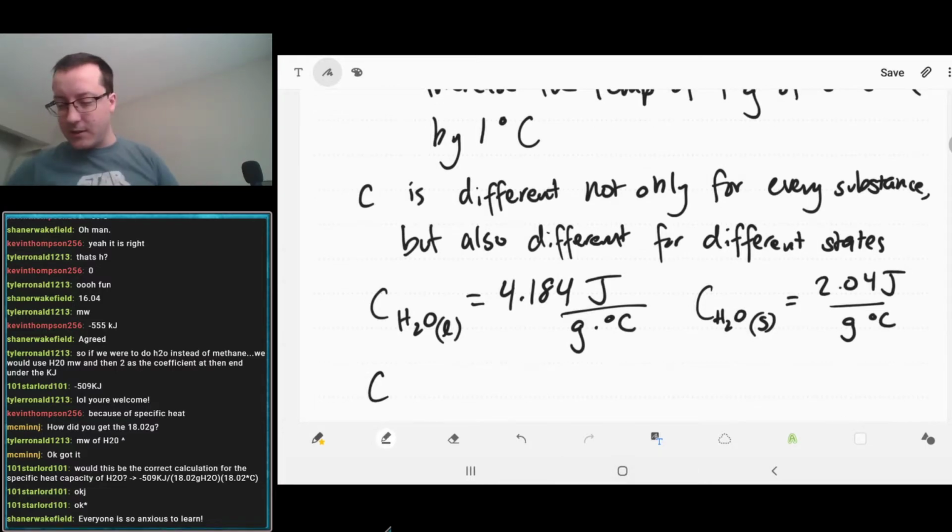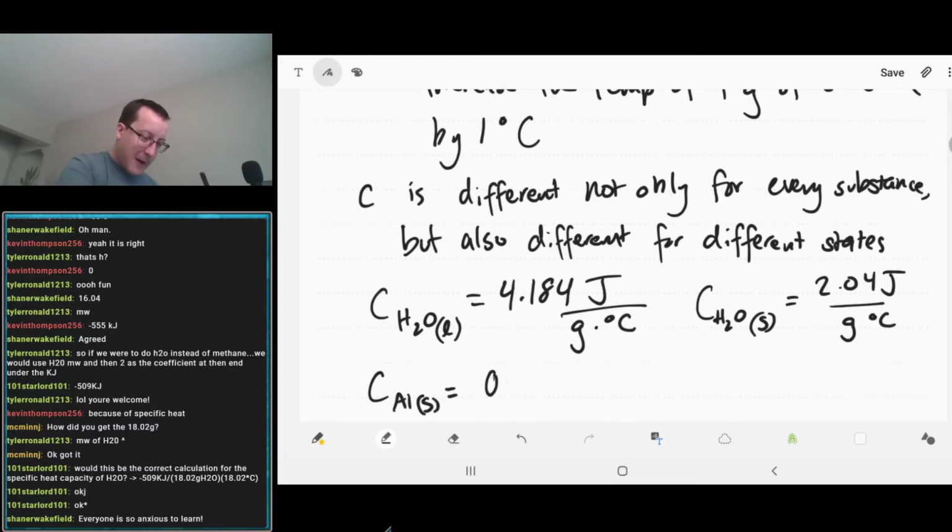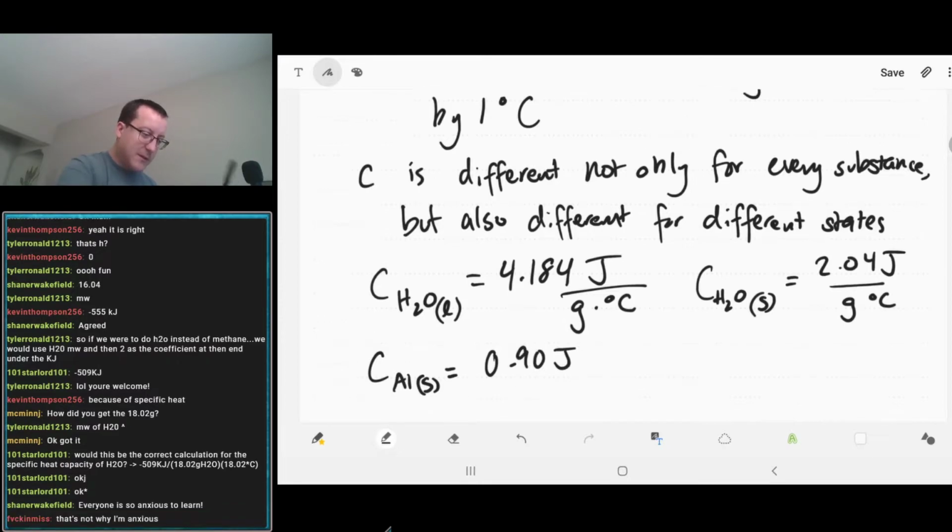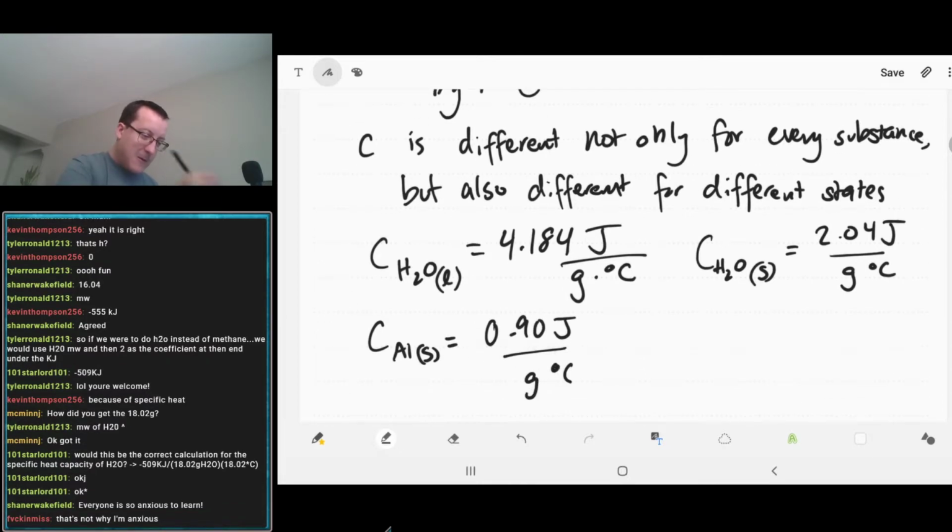I have actually in your texts around here a list of all these things. Okay, let's see. Here's a couple. How about aluminum, solid? It's 0.90 joules per gram degrees Celsius. So just some examples.